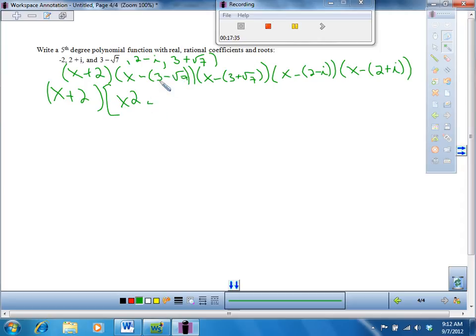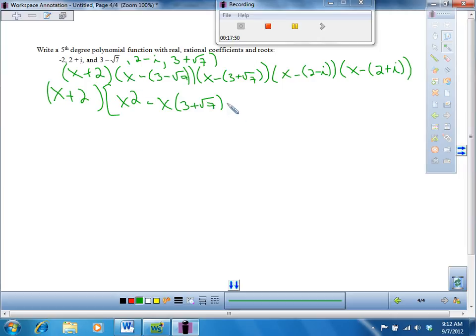so here we go. Then I have minus, first outer gives you minus x times 3 plus root of 7. See what I did? That's this times this. Minus 3 plus root of 7 times x. That's the 2 outer terms.